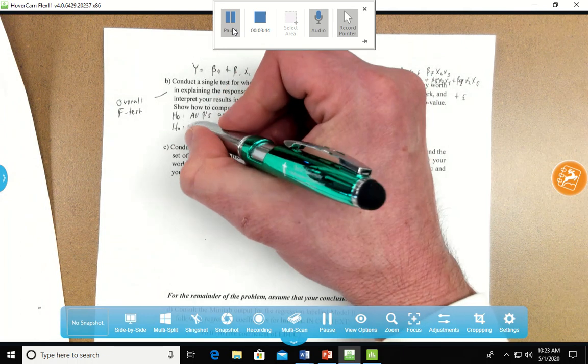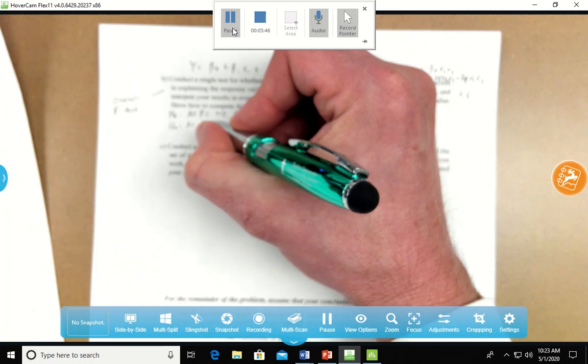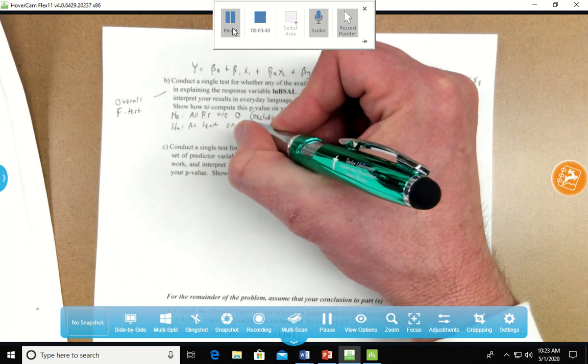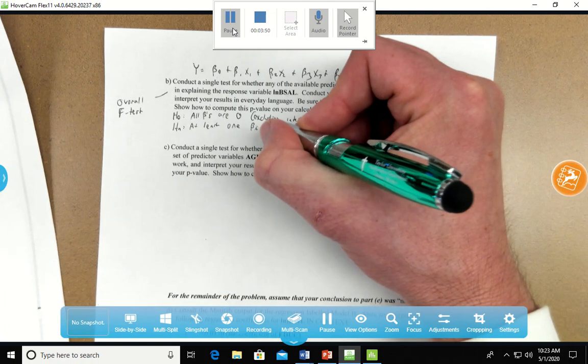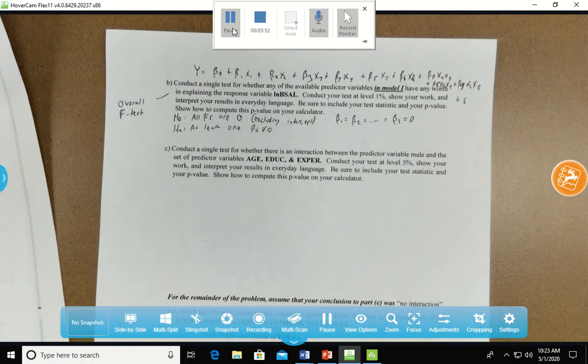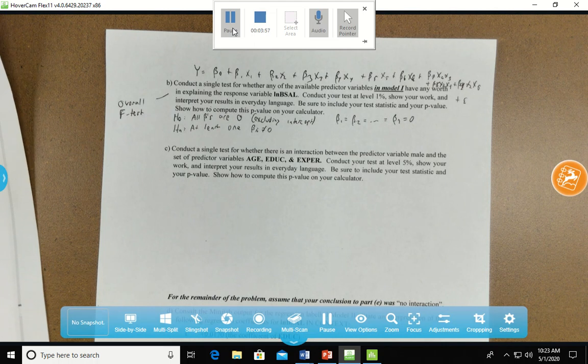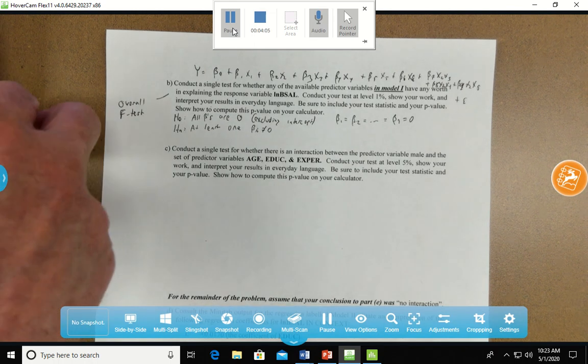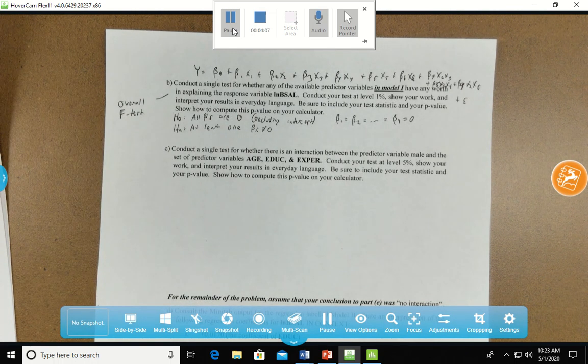It's saying at least one beta i is non-zero. Now, there are other ways to say this in your overall F test, but we'll just use that for shorthand. The reason I like the betas for when I'm calculating is that it's easier for me to do the calculation. Now, if I was doing a report to my manager, then that might be something else.